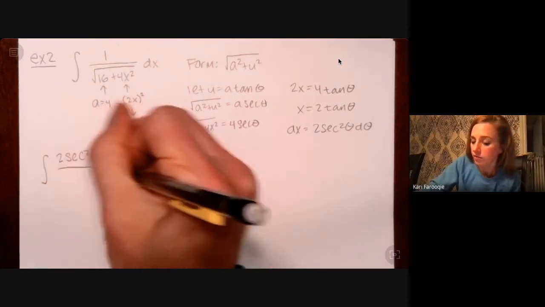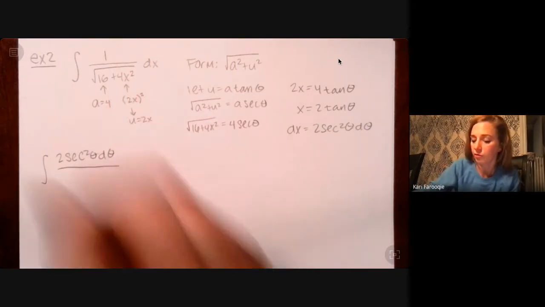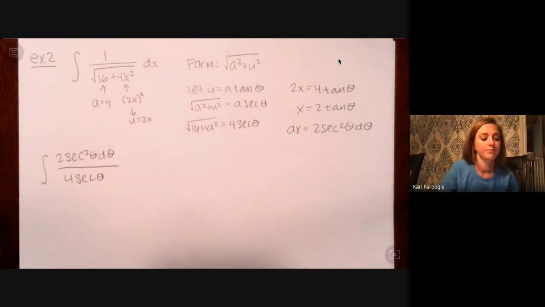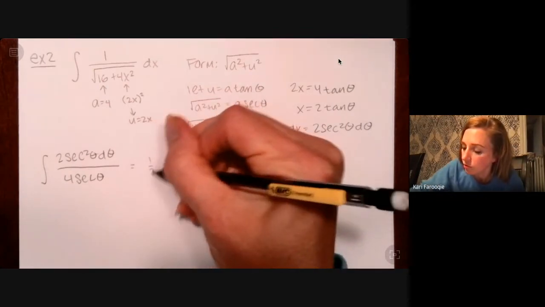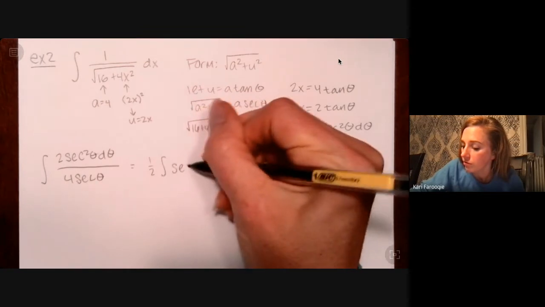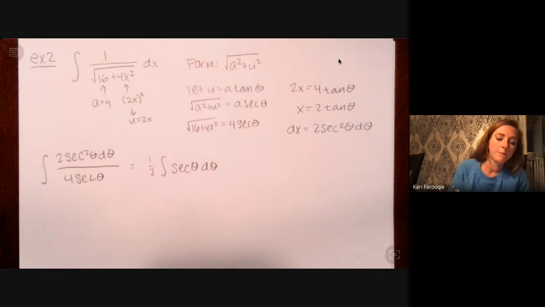And then in the denominator, you have your radical, which is 4 secant theta. And then you're going to simplify. So 2 over 4 is 1/2. And then you have the integral of, cancel out a factor of secant, secant theta d theta.